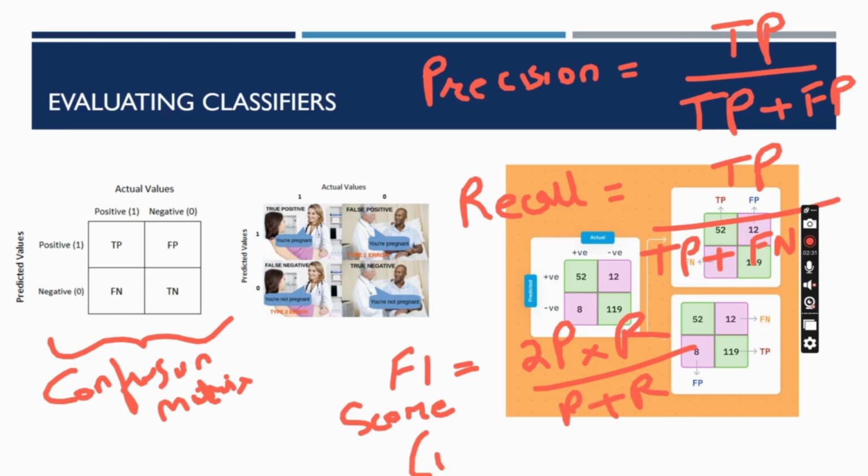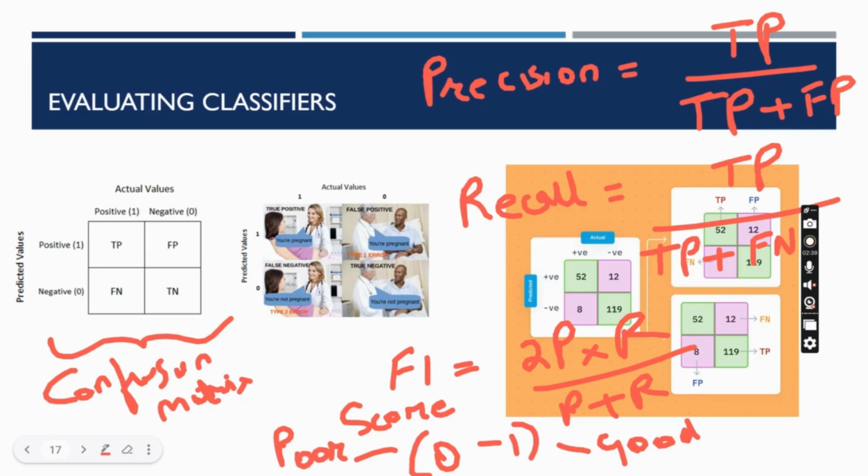This F1 score is between 0 and 1, where 1 stands for very good and 0 stands for a poor machine learning model. That means a model that is very little accurate. So always we will prefer the F1 score for evaluating the classifier performance, or we may also use the precision or the recall.